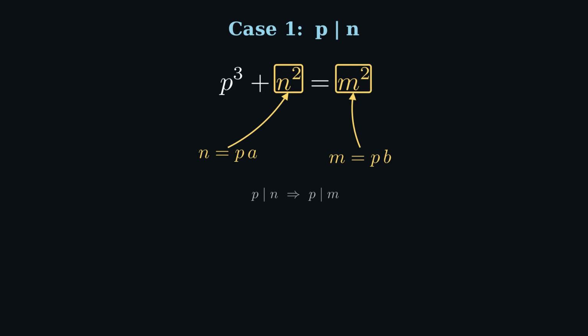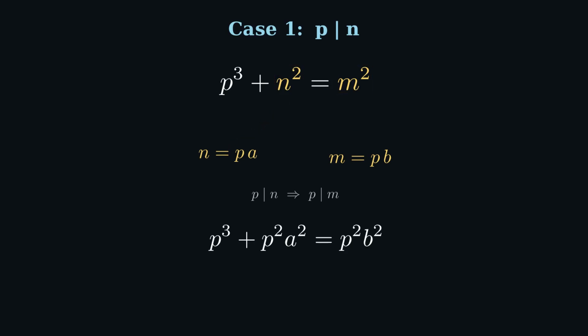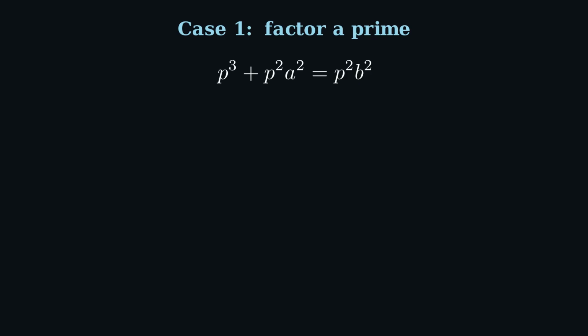So if we substitute in pa and pb, we get p cubed plus p squared a squared equals p squared b squared. And now we can just divide through by p squared, which reduces this to p plus a squared equals b squared.